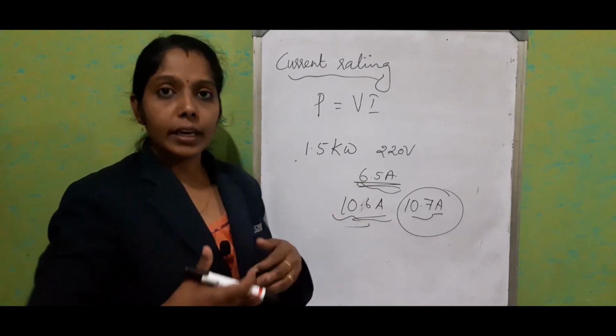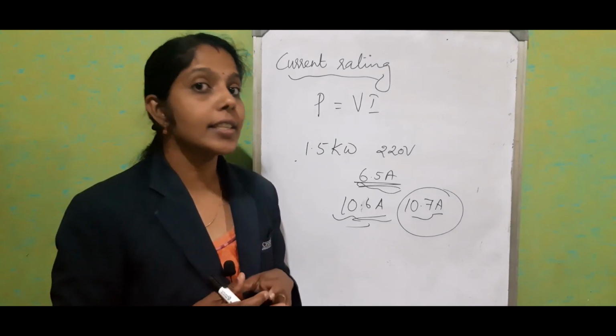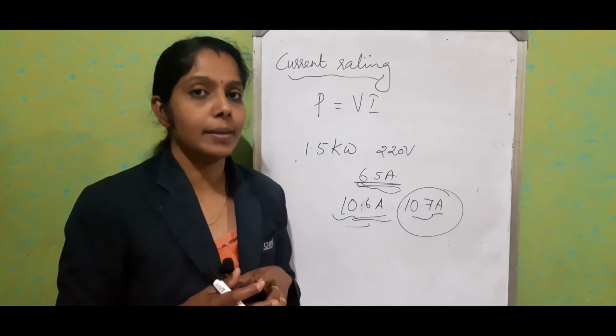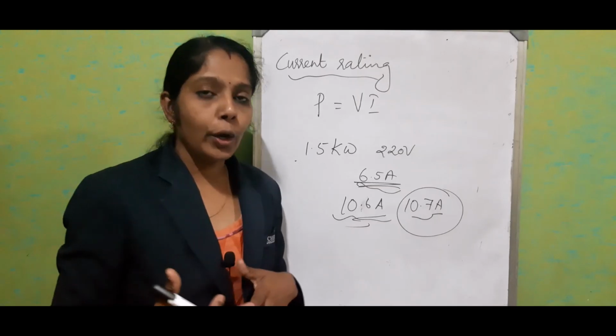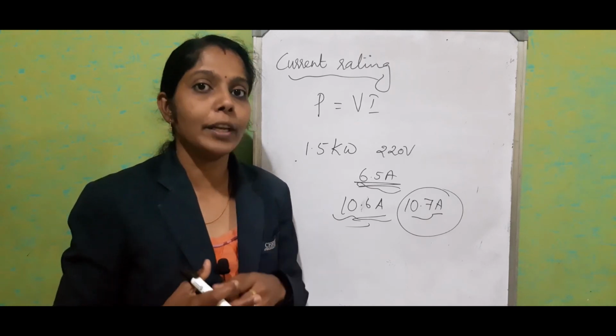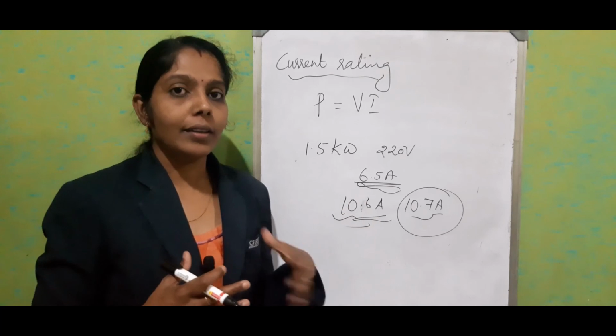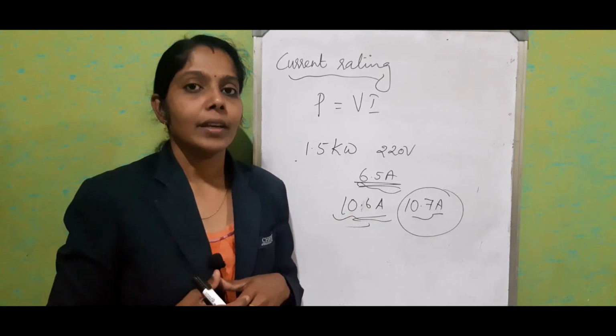Now another kind of fuse we are using in our home is the miniature circuit breaker, or MCB. I hope this kind of switch is available in your home. Here this is an automated fuse connection.